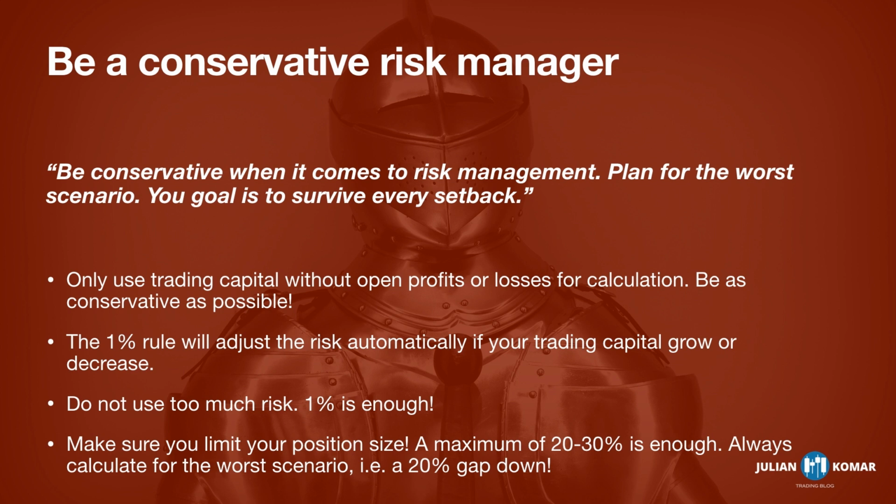But the longer you trade, you will have some big gap downs against you. And if you have a 20% position and it gaps 20% against you, it's recoverable. You can come back from such a situation. But when you have a 100% position and it gaps 20 or 30% against you, this is really hard to come back from. So make sure you limit your position size.